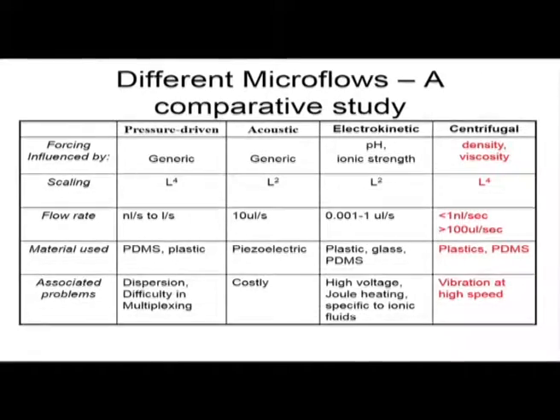Scaling of these forces: in pressure driven flow, the head loss scales inversely as the 4th power of the characteristic length scale for a given flow rate. For acoustic it is L square instead of L to the power 4, electrokinetic also L square, and centrifugal, quite intuitively, is also L to the power 4, because it essentially generates a pressure gradient by the driving rotational force.